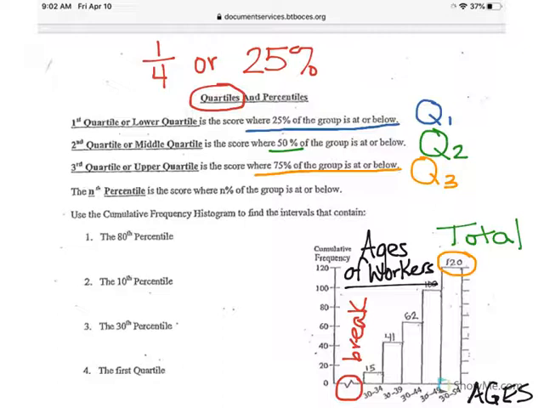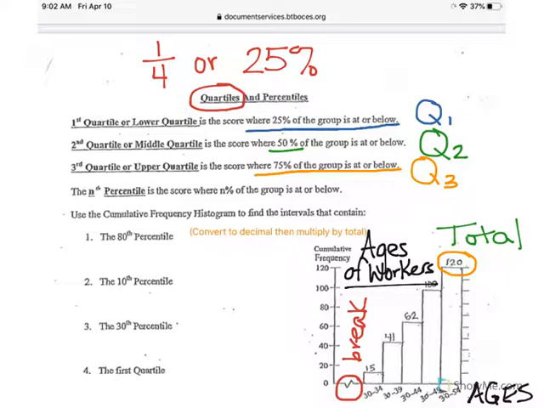Okay, so if we figure out the 80th percentile, think percentile, think percentage. If we find 80%, then we're looking at that as a decimal. To figure out the interval that contains the 80th percentile, you're going to convert the percentage to a decimal and then multiply that number by the total.